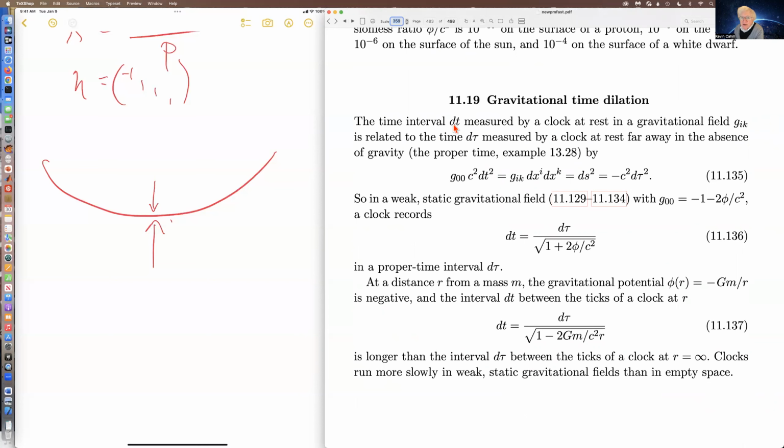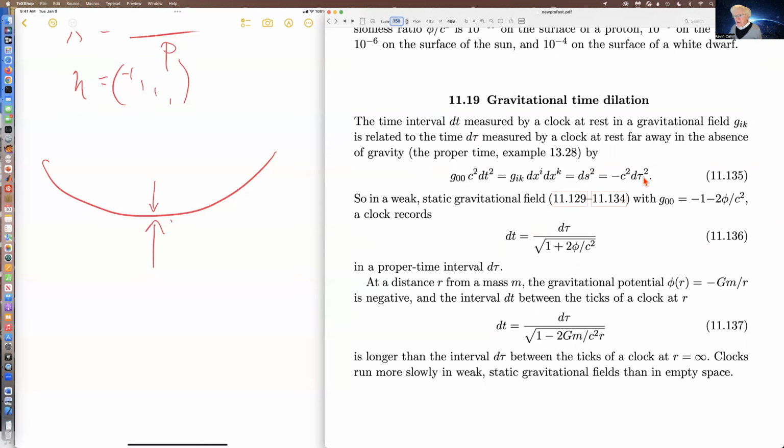Here, the time interval dt is the time between ticks on a clock in a gravitational field described by the metric g_ik. dτ is the time between ticks measured by a clock far away in the absence of gravity. And so what's invariant is the description in terms of ds squared.